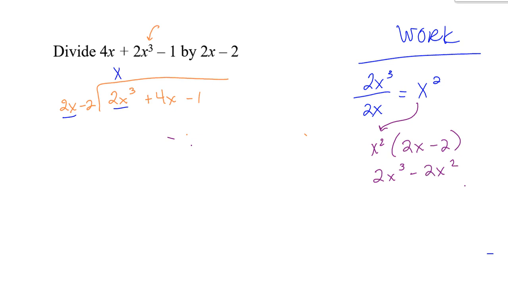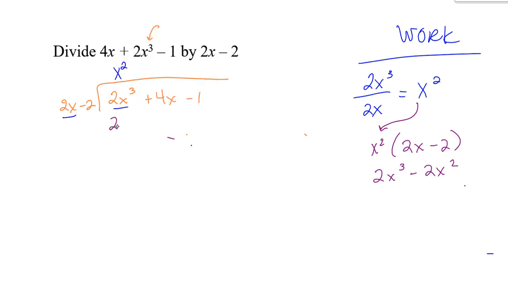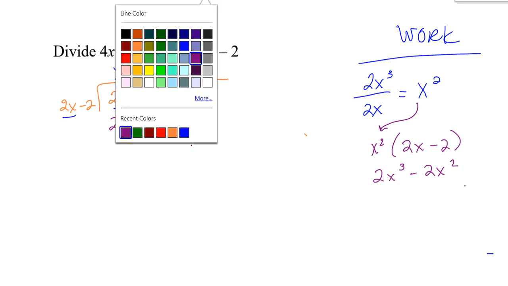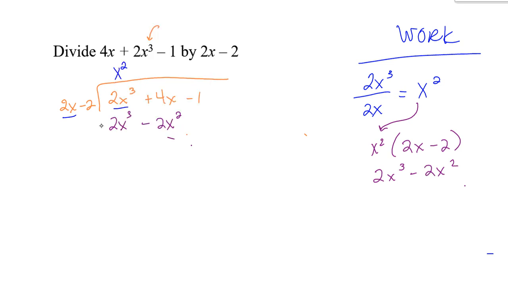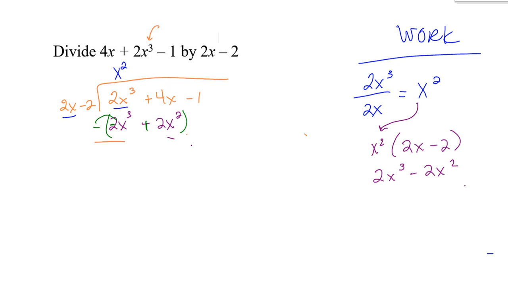X squared. So we've got 2x cubed minus 2x squared, and then we've got to subtract. Remembering that when you subtract, it changes the signs on both of them. Okay, those cancel, they're supposed to.